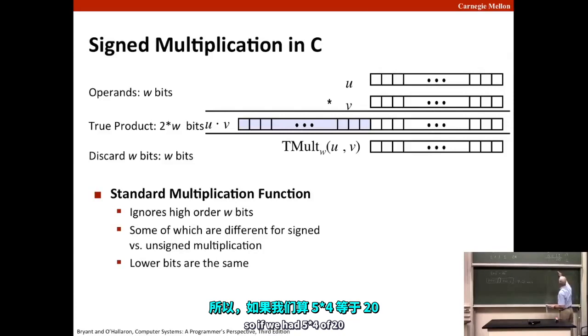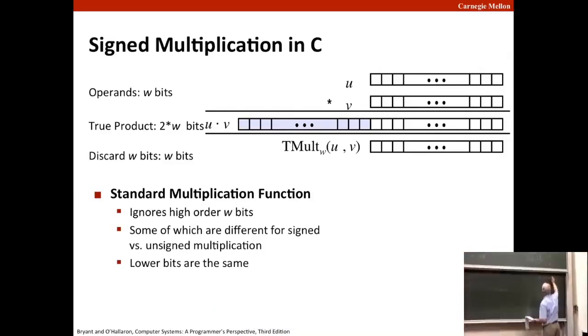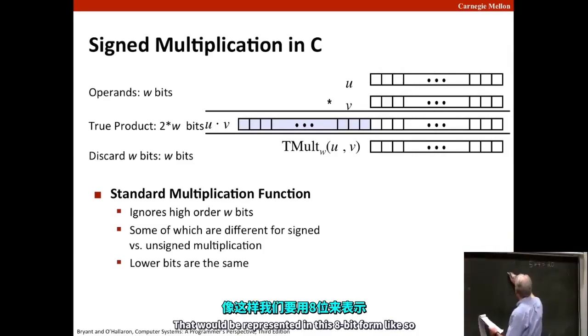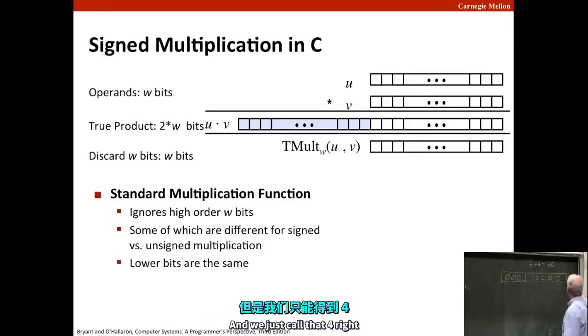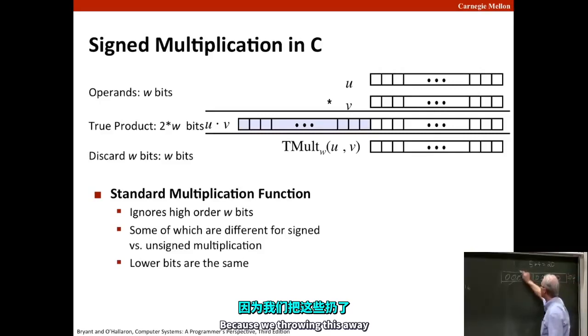So if we had 5 times 4, or 20, that would be represented in this 8-bit form like so, and we'd just call that 4, right? Because we're throwing this away.